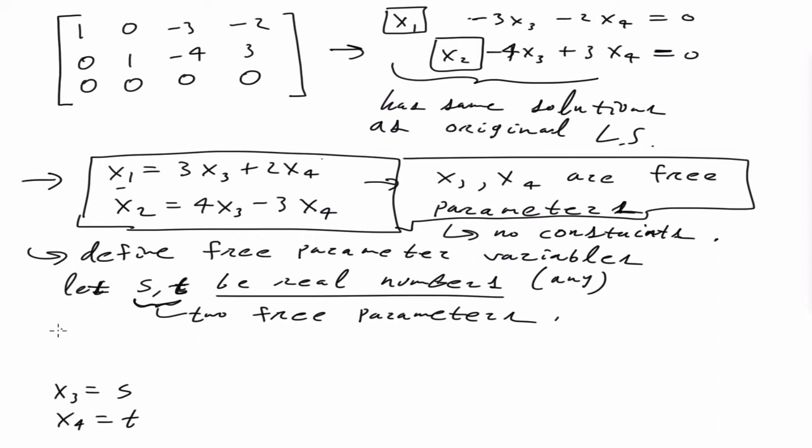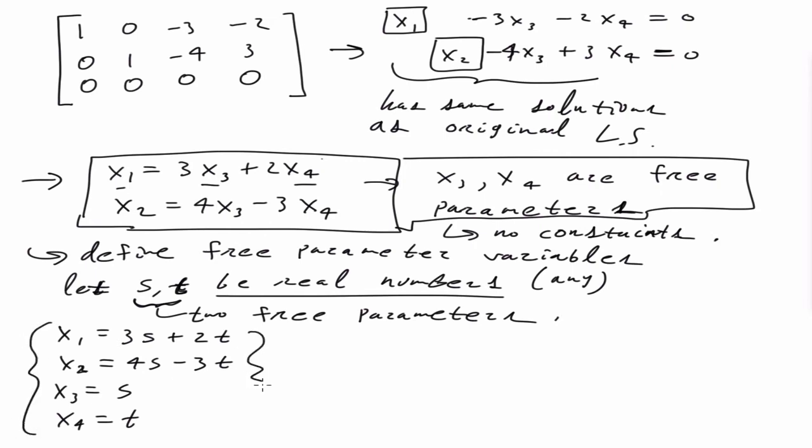And then x1 is going to be equal to 3s plus 2t. I've just replaced x3 and x4 with s and t. And then x2 is going to be equal to 4s minus 3t. And this is a slightly clearer solution.